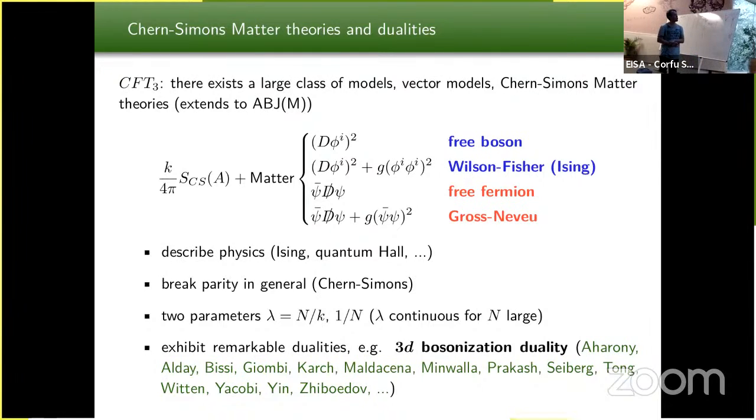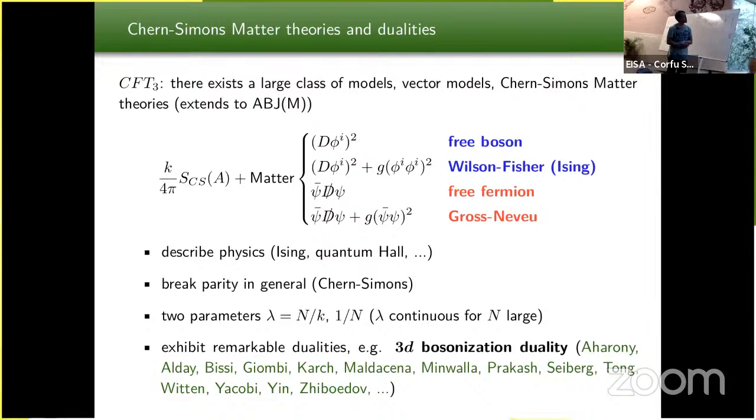So I take all of these guys in some vector representation of some group like U(N), and then I would like to gauge this symmetry. So I covariantize the derivative, and to make the story even better, I can use the luxury available in 3 dimensions of adding a Chern-Simons term here. So indeed, now what was free is not free anymore because you have an interaction with the Chern-Simons field.